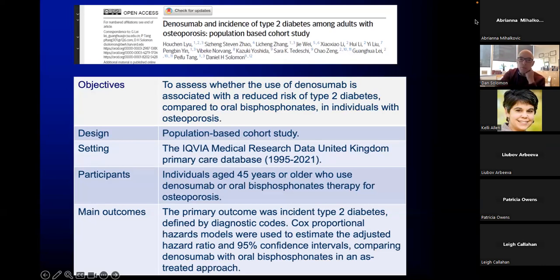It's a population-based cohort study using a UK data set from IQVIA, 1995 to 2021. Individuals are 45 years or older who used denosumab or oral bisphosphonates for osteoporosis. And the main outcome was incident type 2 diabetes, defined by diagnostic codes.